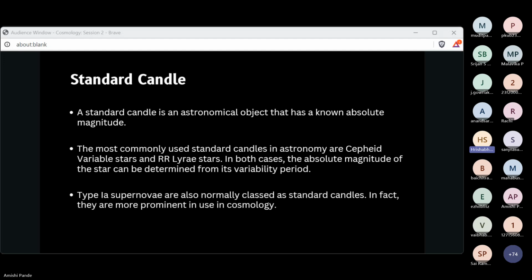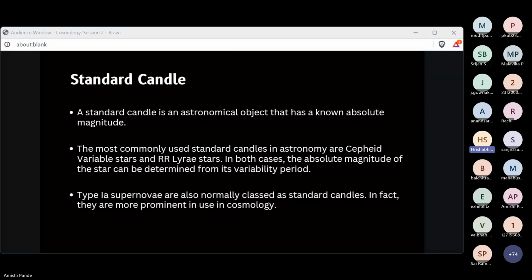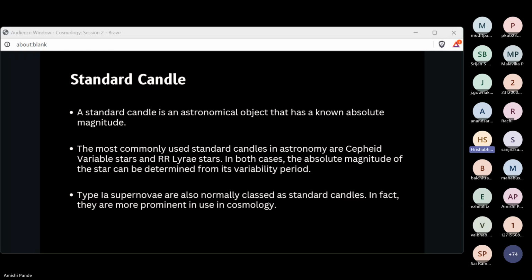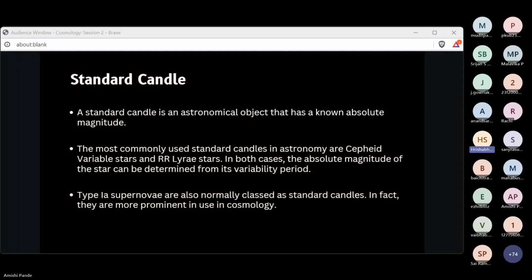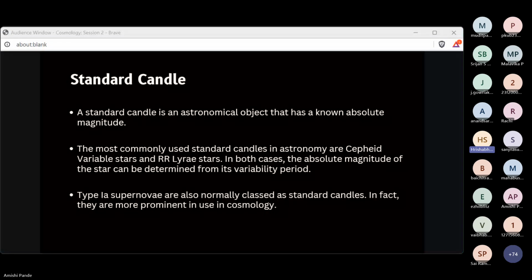But then for defining luminosity, we need to have certain objects. Can we take observations from all the objects? Yes or no? Come on, quickly. Like, can we observe any random object and just find the luminosity, find the flux, and find whatever we need and see how the universe is expanding?